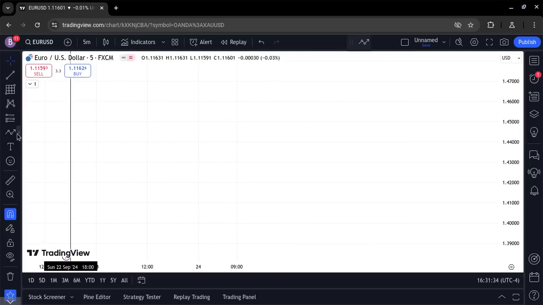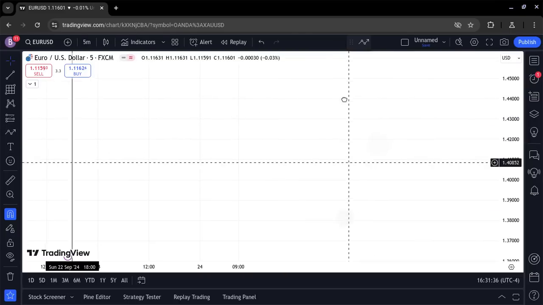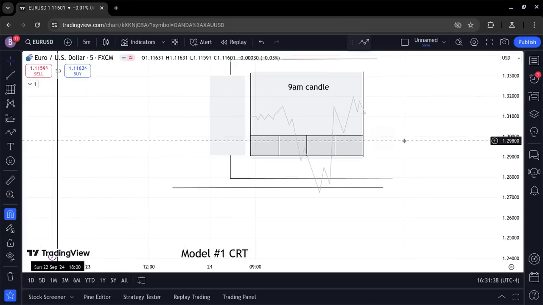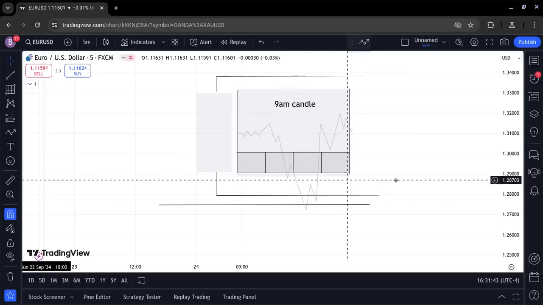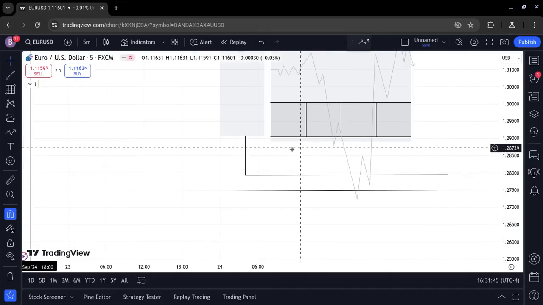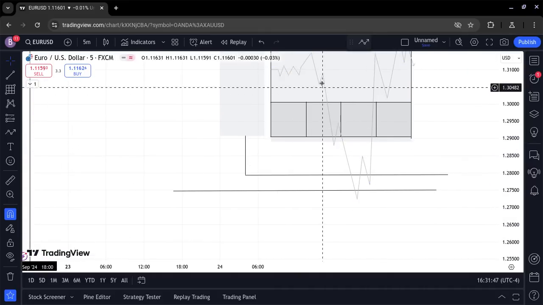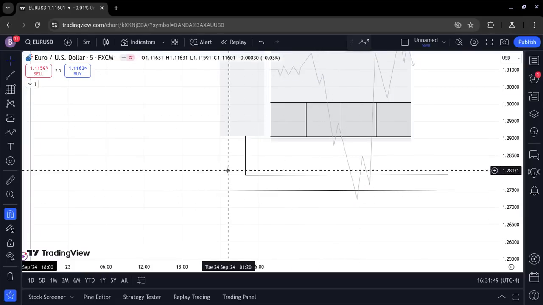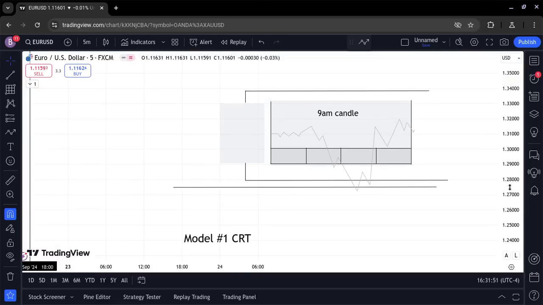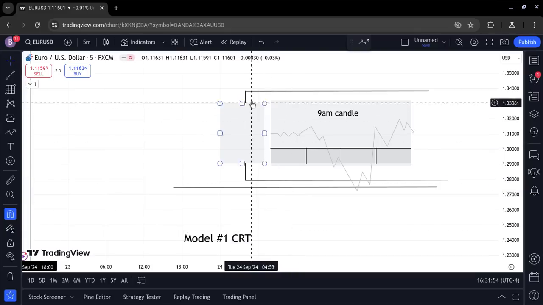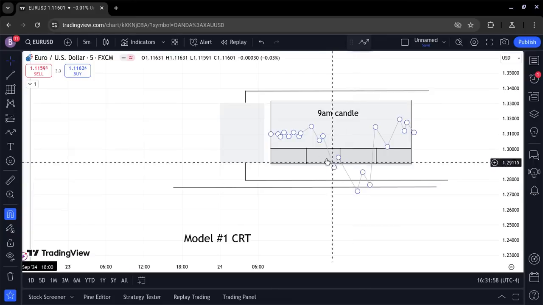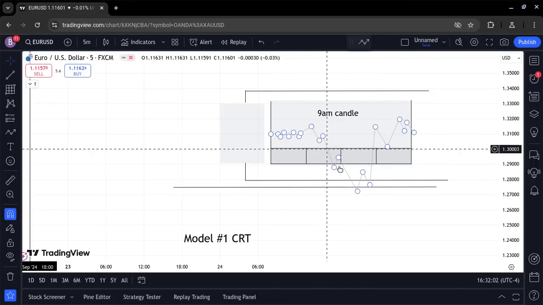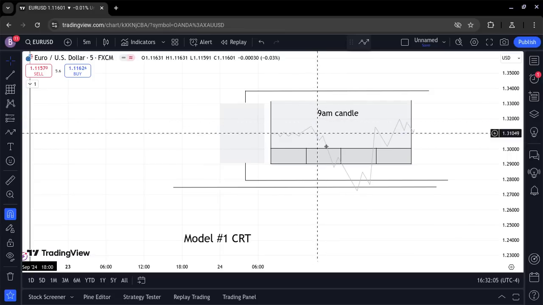One more thing I want to mention is, supposedly you have this leg right here, this manipulation leg. Okay, and at that particular scenario, the leg which takes the low of the CRT candle, let's suppose this is the CRT candle of 5 a.m. This is the leg, manipulation leg during the 2nd quarter of the 9 a.m. 4-hour candle.